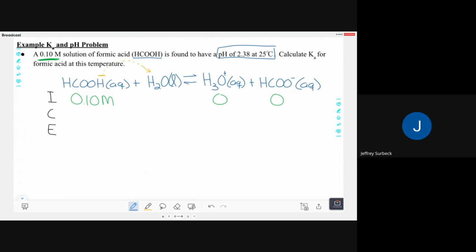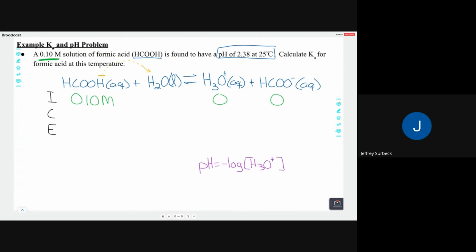Log of H+ or H3O+. Yep. I'm going to write this down in purple here, in the bottom right-hand corner. I'm going to say, okay, our pH is equal to the negative log of the concentration of H3O+.